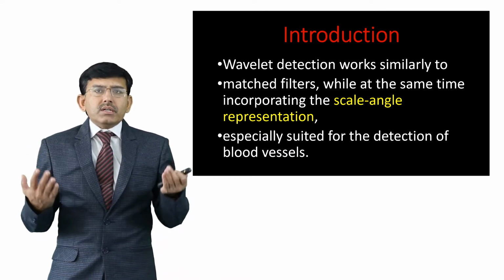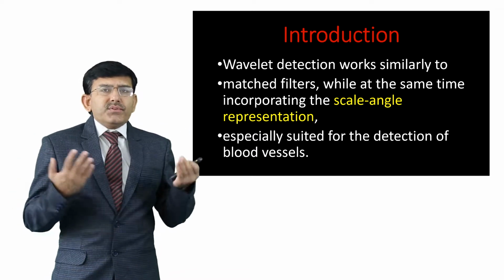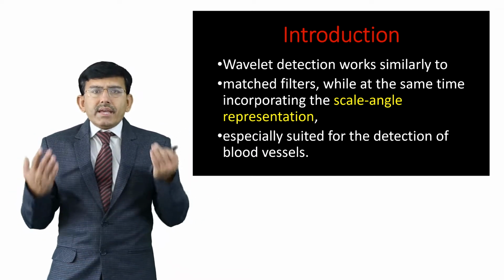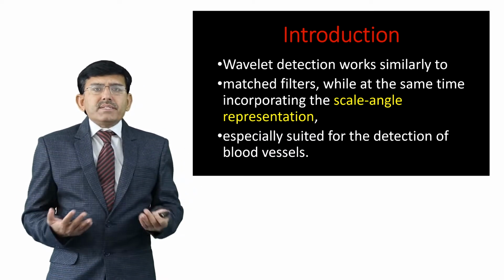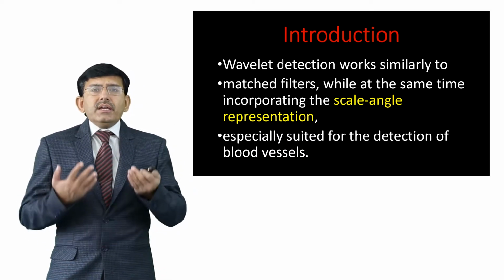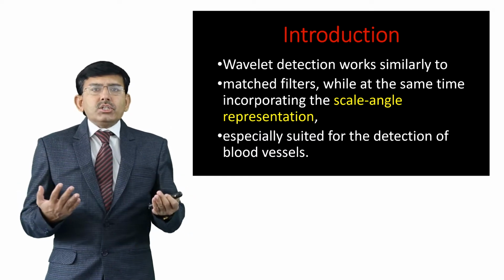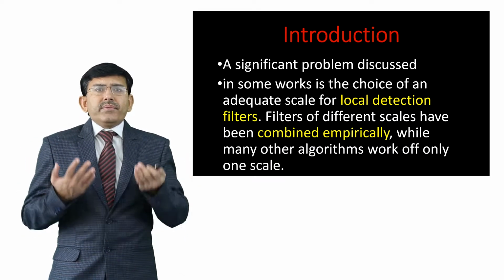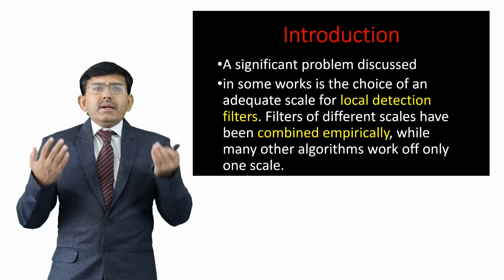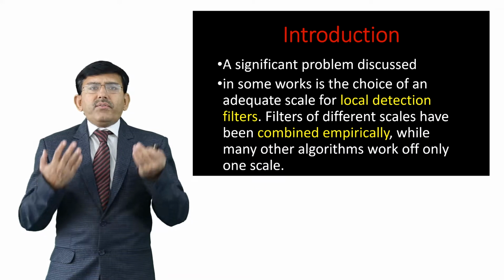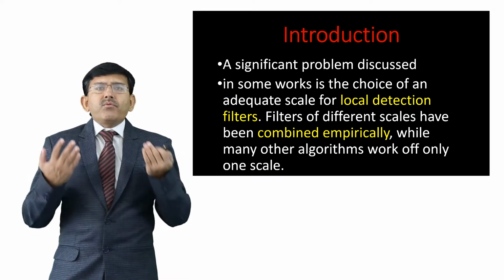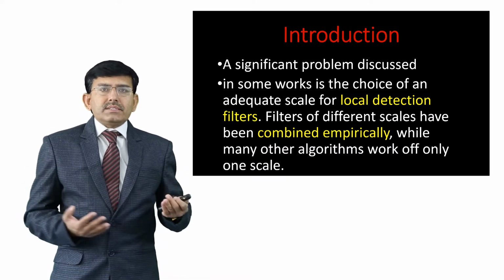Wavelet detection works similarly to matched filters, while at the same time incorporating the scale-angle representation specially suited for the detection of blood vessels. A significant problem discussed in some works is the choice of an adequate scale for local detection filters.